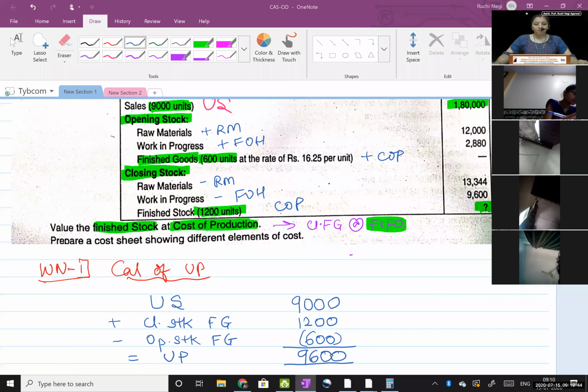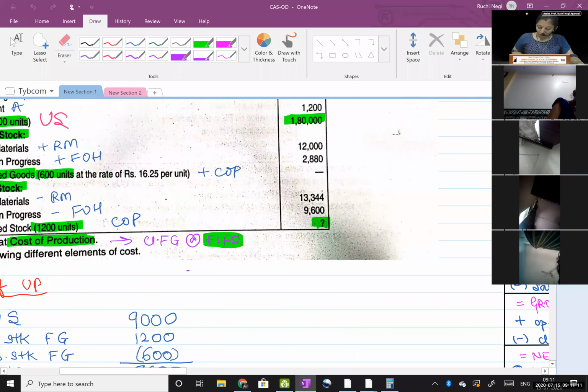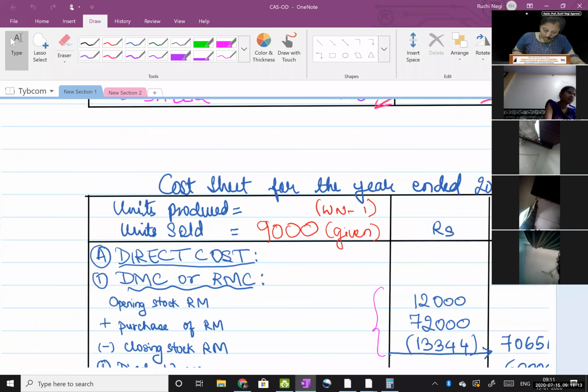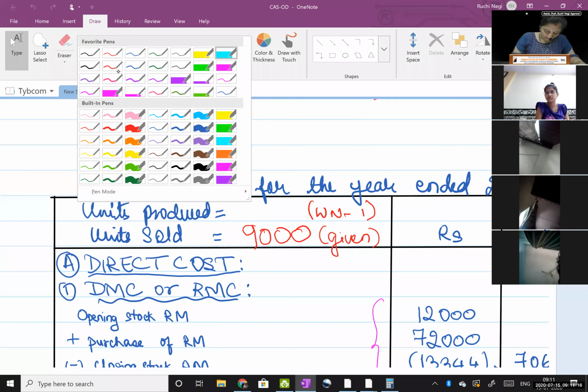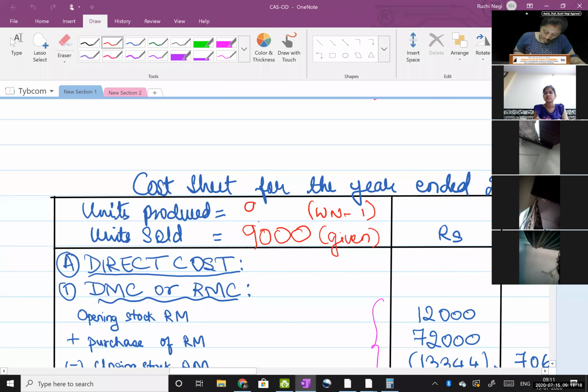Even if you have to calculate units sold, we'll be using the same formula. Okay, so write it here, 9,600.